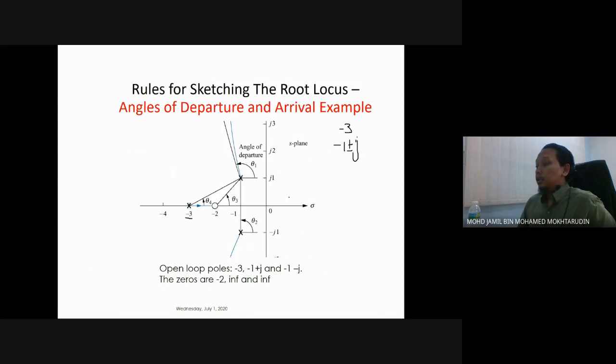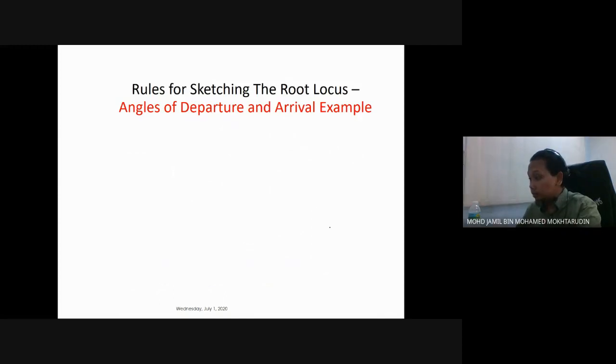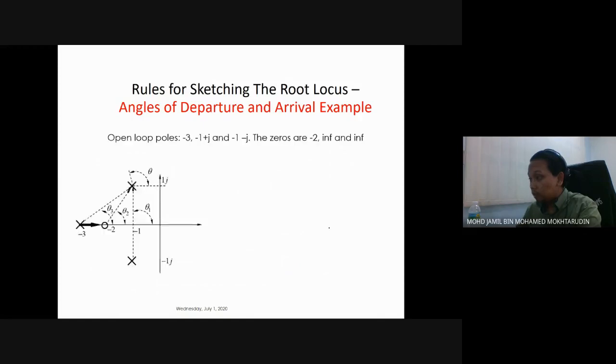And then after that, you need to determine the angle of departure because you have complex poles. So here you need to determine the angle theta 1 and the angle theta 2. So how to determine the angle? First, we take out only the poles and zero.